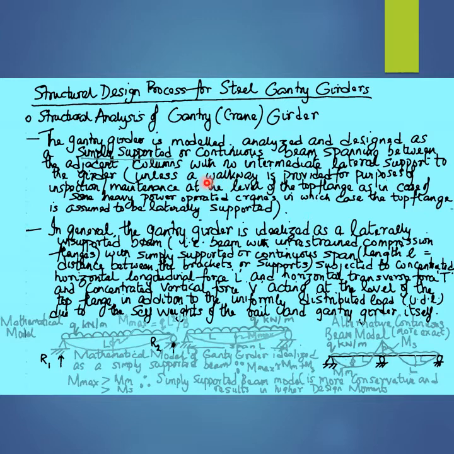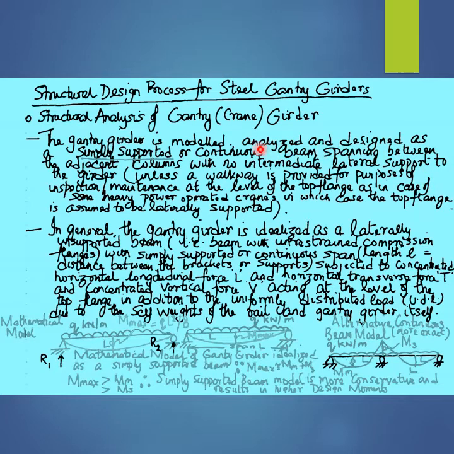In this case, where a walkway is provided at the level of the top flange of the steel gantry or the steel crane girder for the purposes of inspection or maintenance of the overhead electric crane, the top flange of the steel gantry girder or the steel crane girder is assumed to be laterally supported or restrained, since the walkway is deemed to provide adequate lateral support or restraint to the top flange of the steel gantry girder or the steel crane girder.